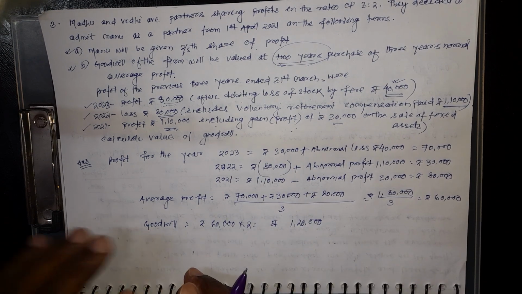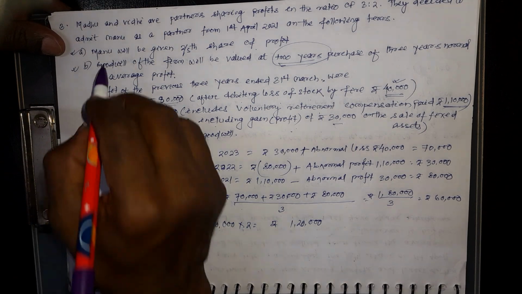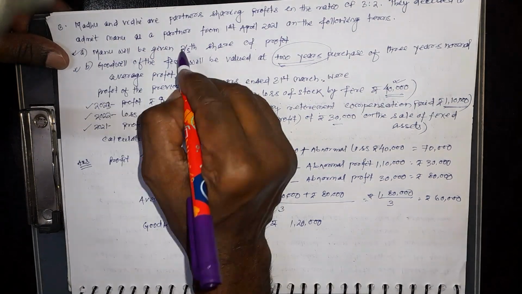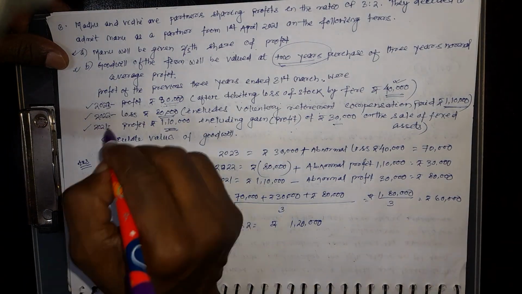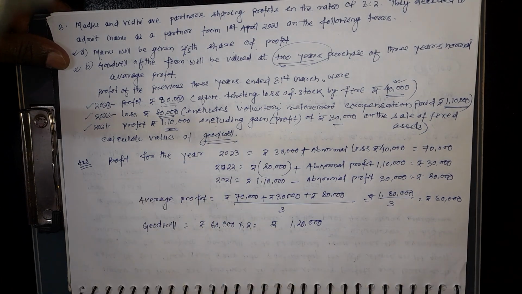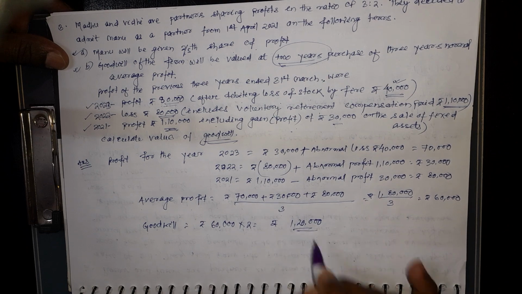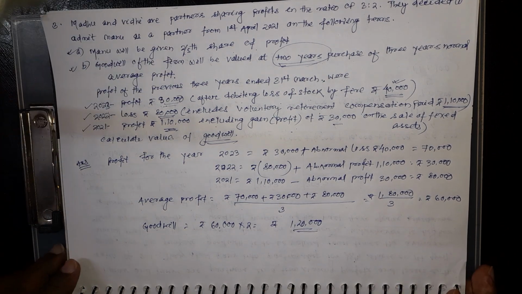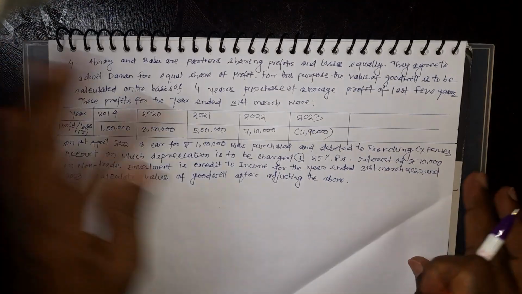Clear? Don't get confused about the statement of admission of Manu and his share; the question is asked about the calculation of goodwill. So we have to calculate the value of goodwill. So what is the value of the goodwill of the firm? That is 1,20,000.